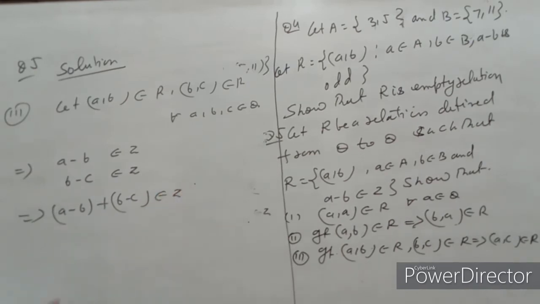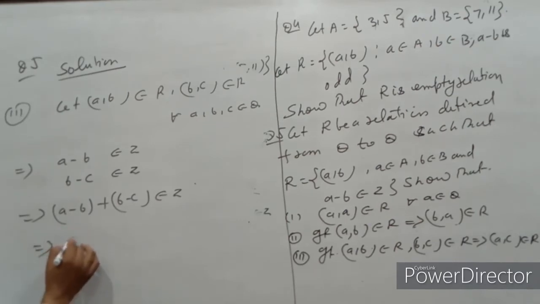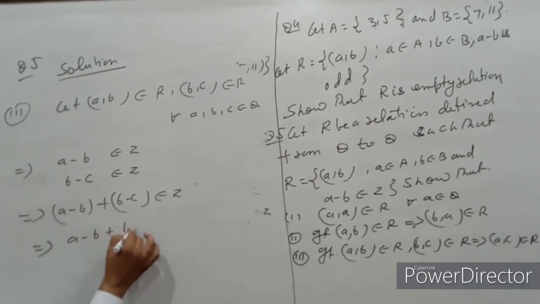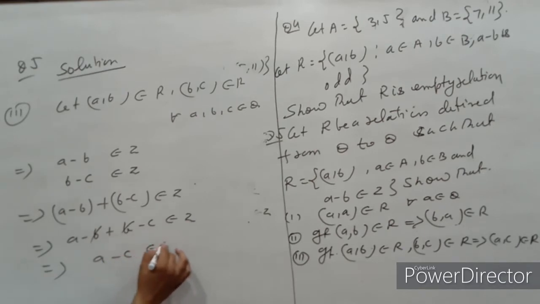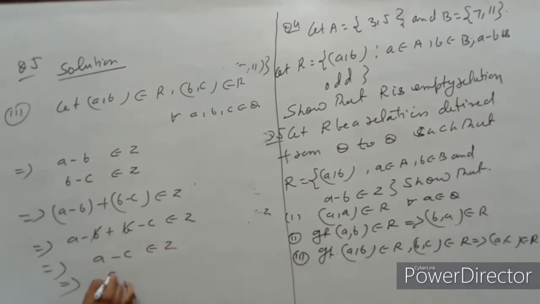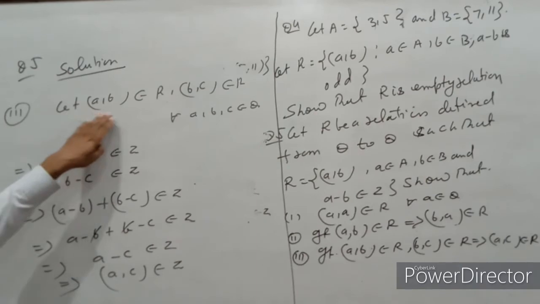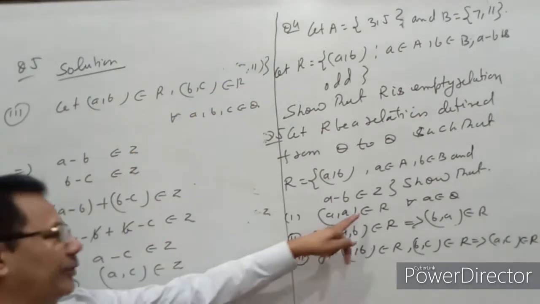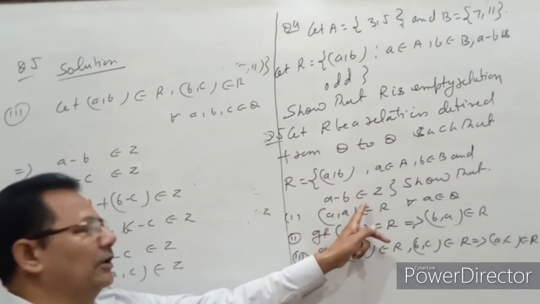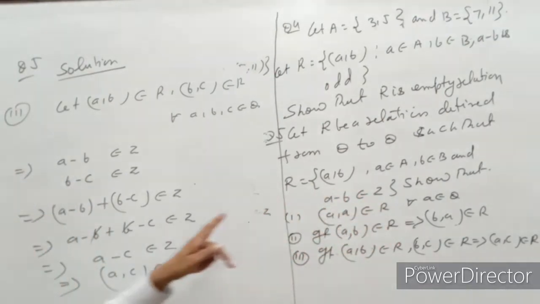The sum of two integers also belongs to Z, or this implies that a minus b plus b minus c belongs to Z, or this implies that a minus c belongs to Z, that is ac belongs to Z. See again, देखिए अगर ordered pair ab belong करता है R को and bc is also belong to R, then by the definition of the given relation, the difference of a and b is an integer.